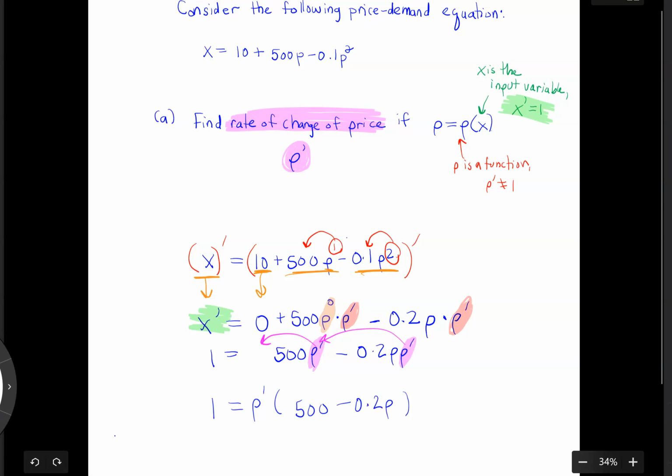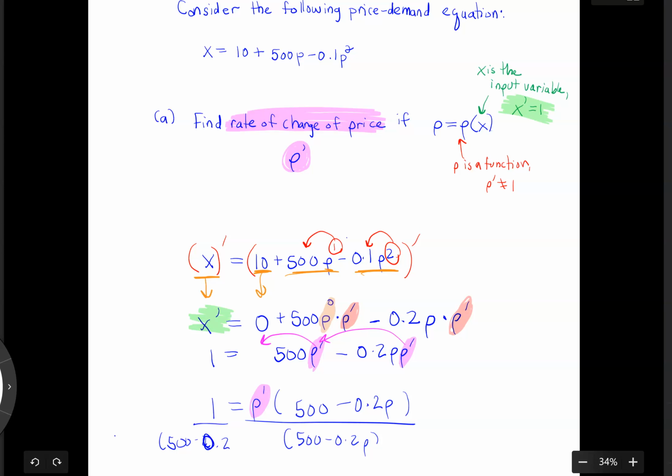And then p prime is isolated in one location. I just need to get it alone. It's currently being multiplied by this binomial, so I need to divide both sides of the equation by this binomial. And that gives me that p prime is equal to the fraction 1 over 500 minus 0.2 times p. And we're done.